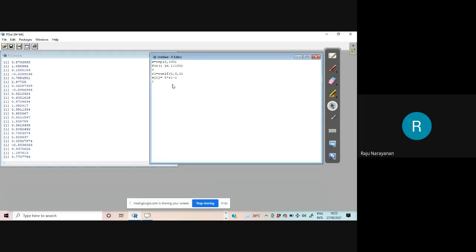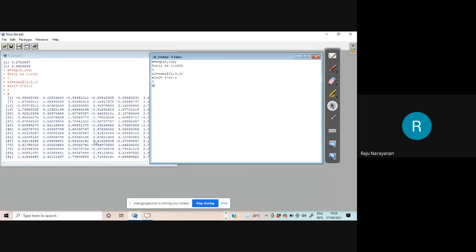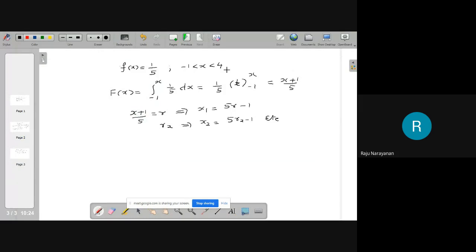Suppose you want to print the x, just type x. Finished. Yeah, 100 values you are getting, up to 97, 98, 99, 100. These are the random numbers generated from this distribution, minus 1 to 4.